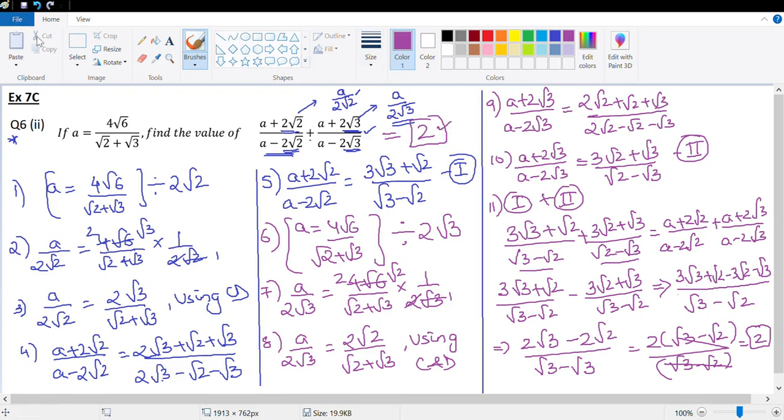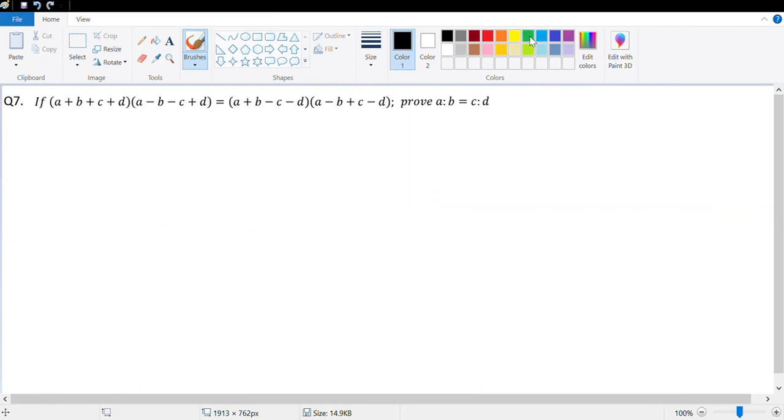The next question that we do is question number 7. It says if (a + b + c + d) multiplied with something is equal to something into something, prove that a is to b is equal to c is to d.